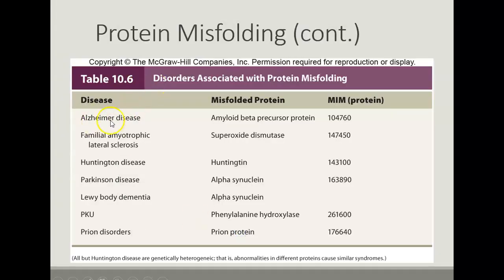So again, Alzheimer's is one that probably most people are familiar with, Huntington disease, Parkinson's, a lot of these things, different types of dementia, a lot of these diseases occur over time, right? So what happens is you can have a long period of time where these proteins are misfolding and collecting in the brain, and it's not until we have a fairly large quantity of these misfolded proteins that we begin to see sort of cognitive decline.